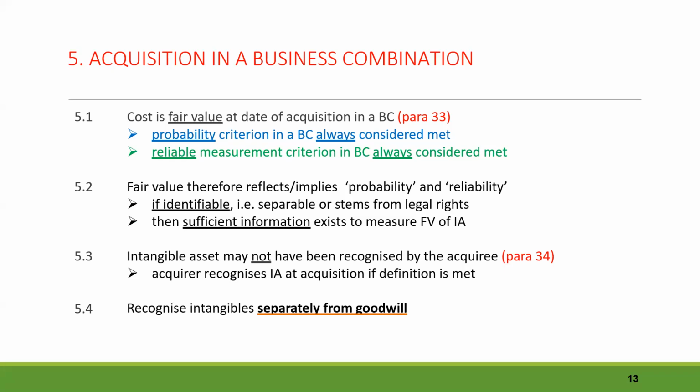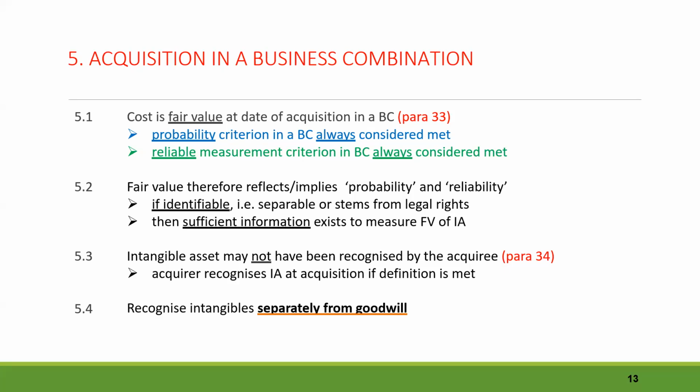Now, the probability and the reliable measurement criteria are also considered to always be met in this instance because the acquirer did actually buy the assets of the other company, and those assets include this intangible asset, which means that they did pay a cost for it, right?